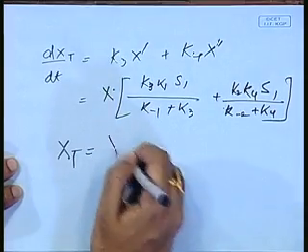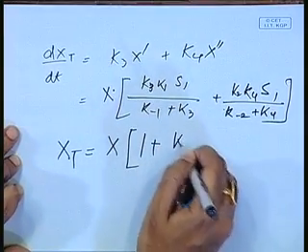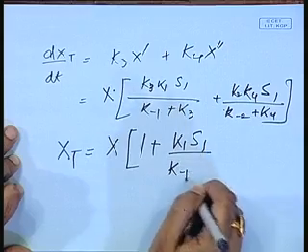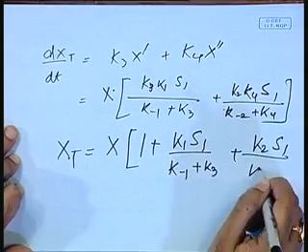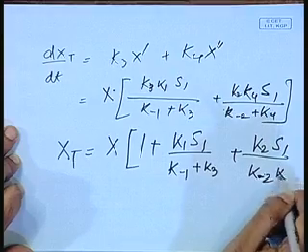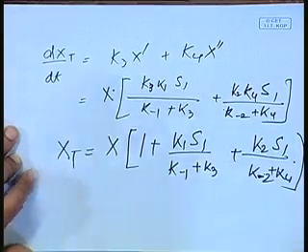So xt over here is 1 plus k1 over k minus 1 plus k3, plus k2 over k minus 2 plus k4. Fine.